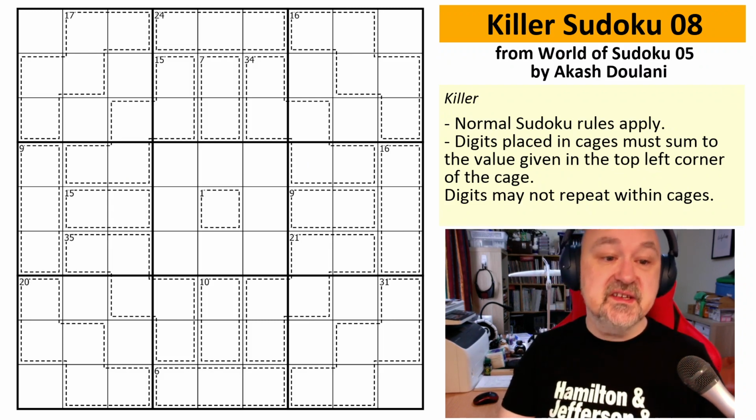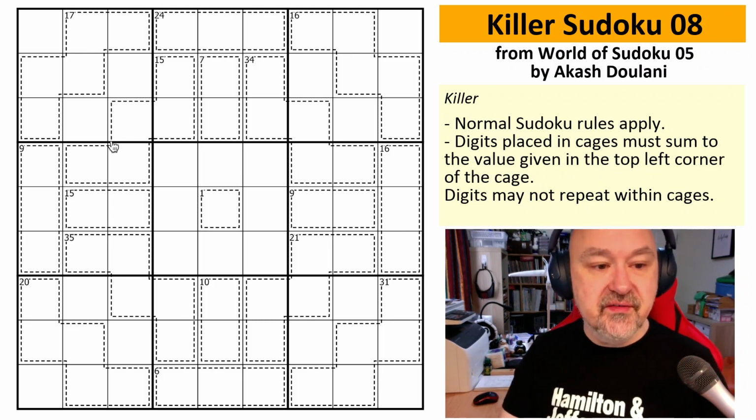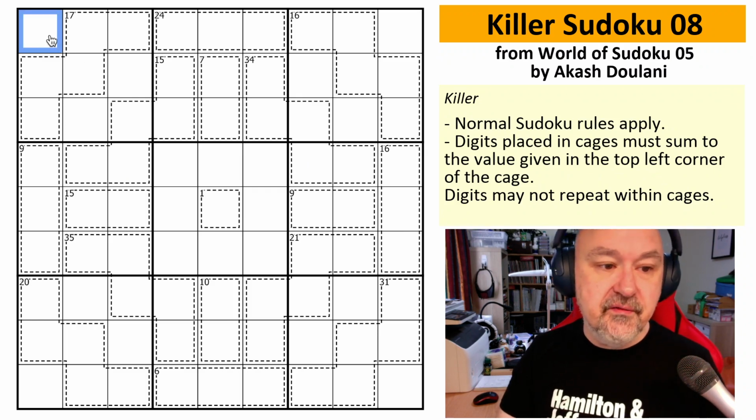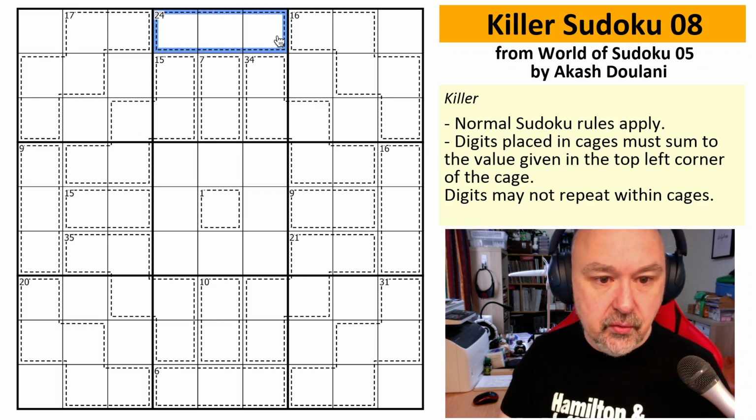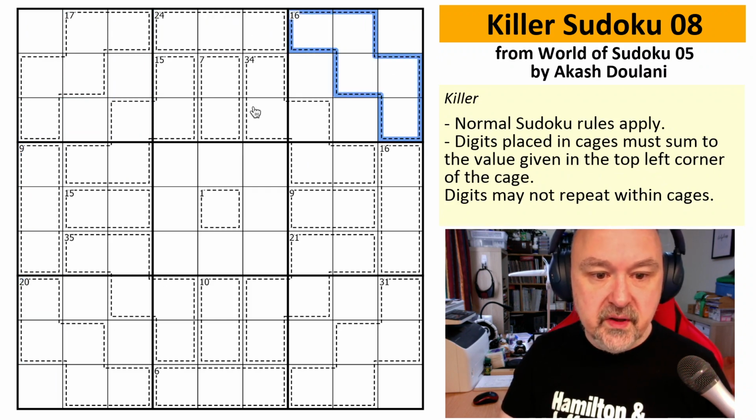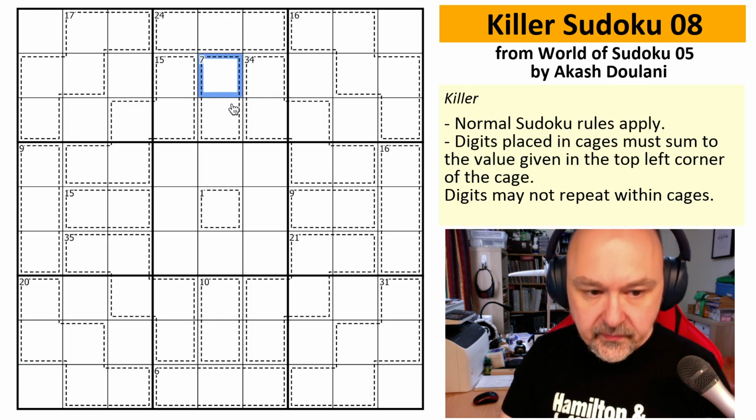So, this is standard killer Sudoku. We are given no given digits, but in the final grid, every box, every row, and every column will have the digits 1 to 9 without repetition, and all of these cages will contain digits that, when you add them up, sum to the digit in the top left corner of the cage. So if I look at this little 7 cage, whatever I put in there, if you add those 2 cells together, they will sum to 7.